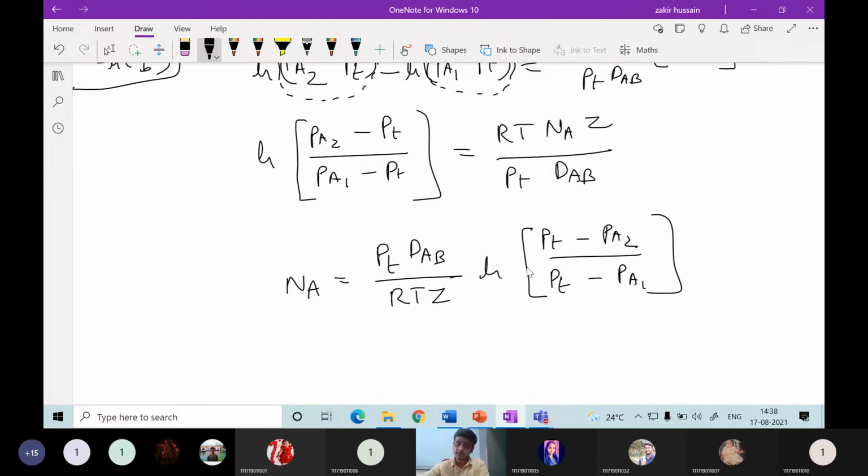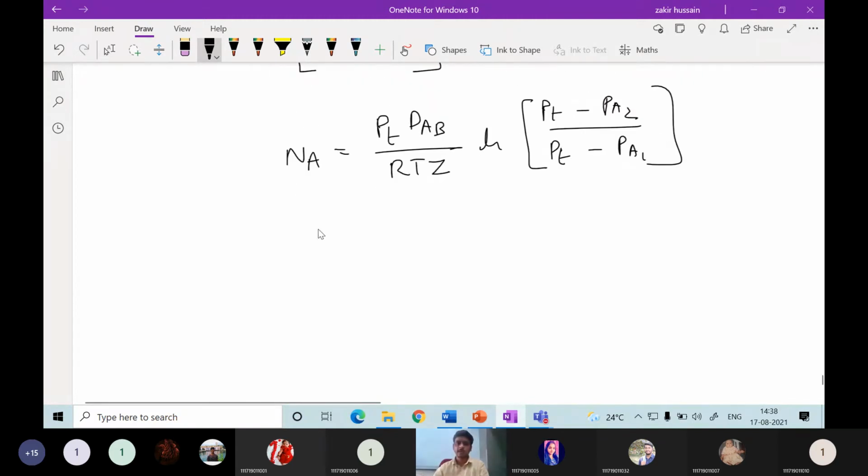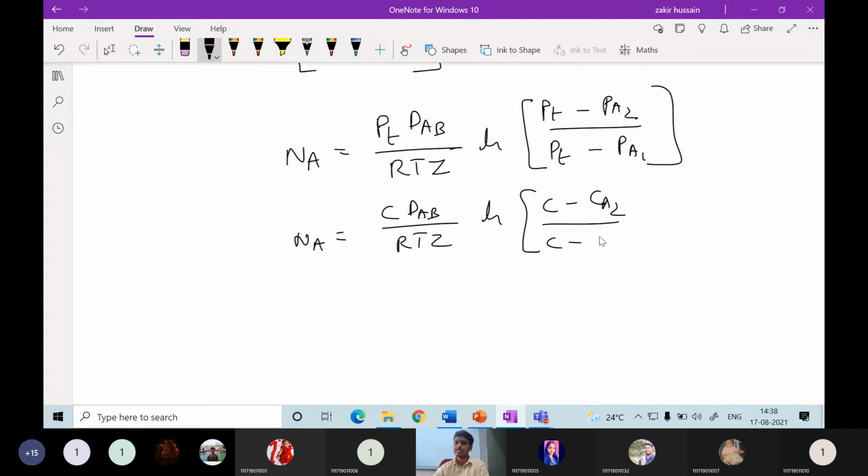If you notice in the previous liquid case, that is also the same. NA is equal to CDAB by RTZ ln C minus CA2 divided by C minus CA1. This we have derived for the liquid phase. In this one also, if you want, this formula can be directly converted to this formula.